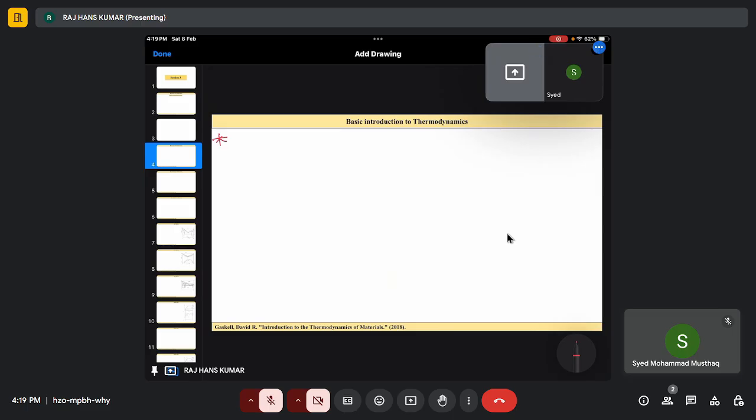Now, suppose I have a system with two phases, alpha and beta. P1 has free energy G alpha, and P2 has free energy G beta. Now we know the differential equation, right? The famous differential equation for free energy: dG equals V dP minus S dT, right? I have derived this equation many times in previous sessions, so I will not derive this again.